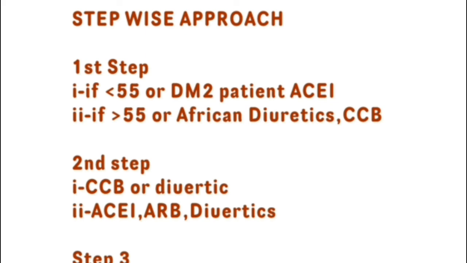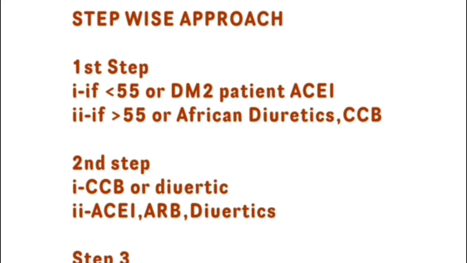Now, the first step: if the patient is less than 55, or a diabetes mellitus 2 patient, you will give ACE inhibitors to treat the hypertension. And if the patient is greater than 55 or of African or Caribbean descent, you will give diuretics along with a calcium channel blocker.